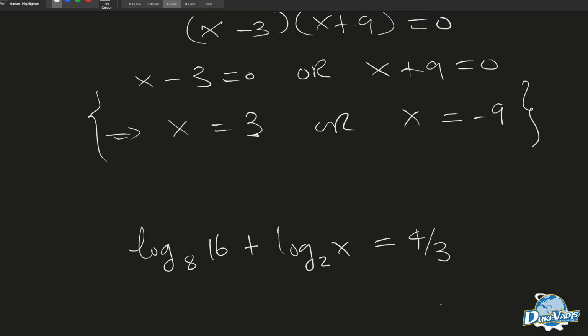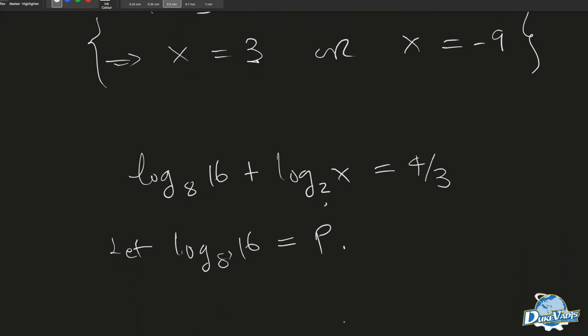If you look at this, it's very interesting. If you look at 8 and 16, you see over here we have base 2. So that helped me to think of changing log base 8 of 16 to something else. But let's see, log base 8 of 16. I say let this be equal to p.